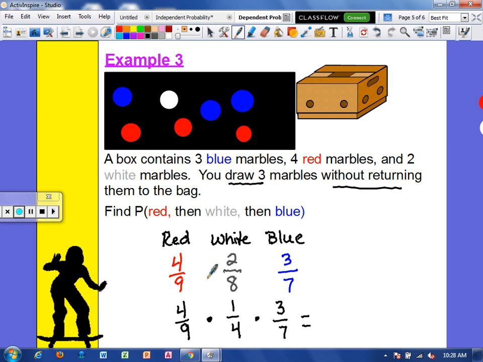So now we're going to multiply the numerators. 4 times 1 is 4, and 4 times 3 is 12. Okay. Now we have 9 times 4 on the bottom. That is 36. And then 36 times 7 would be 252.